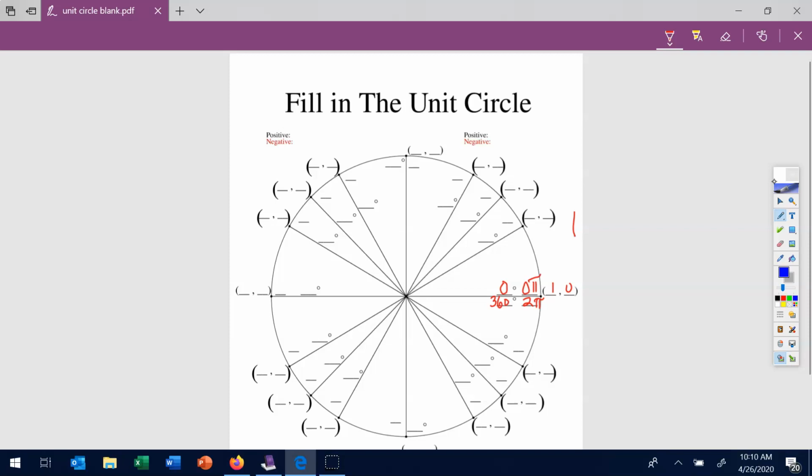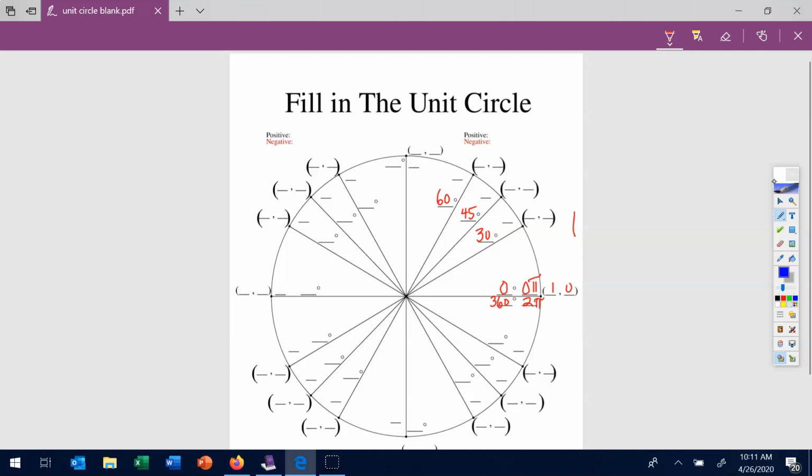Now for this angle here, this is the 30 degree. Just think about your special right triangles in this first quadrant. We're going to be identifying those famous angles that we learned when we learned the special right triangles, the 30, the 45, and the 60. So we can just go ahead and fill in these blanks.